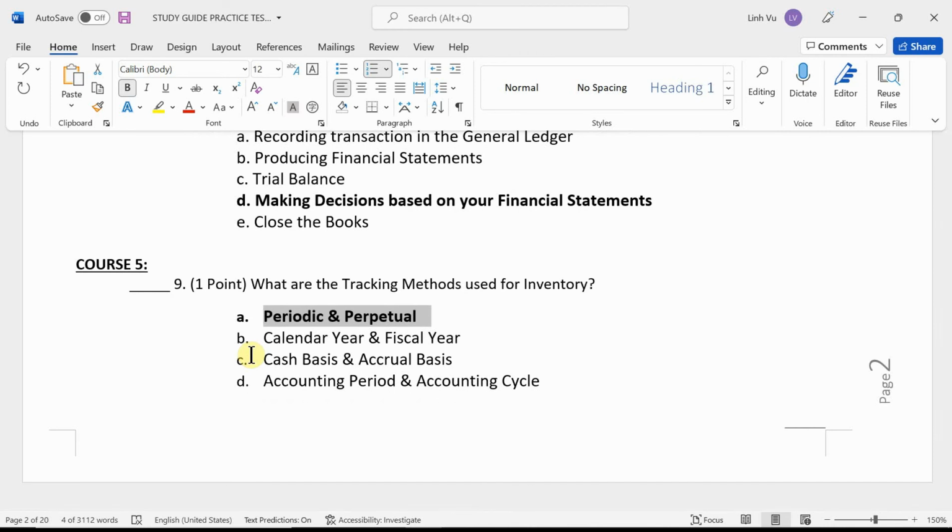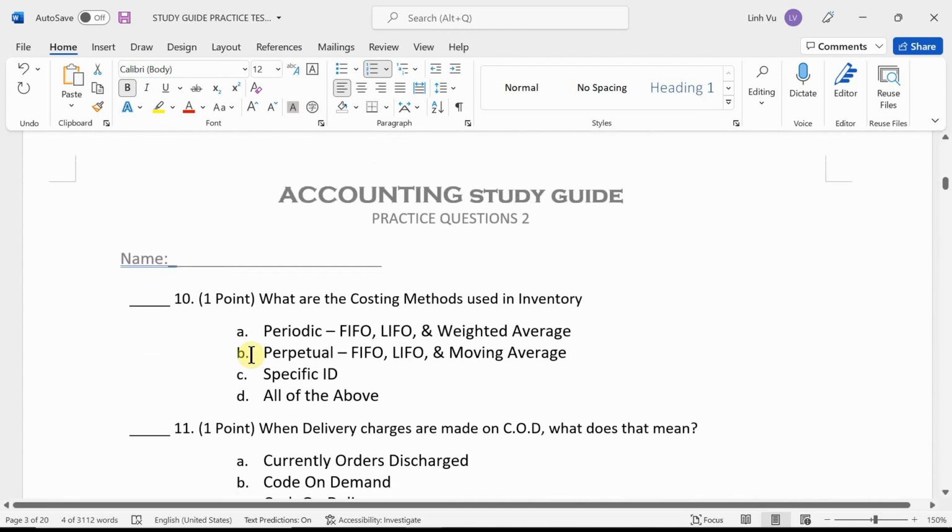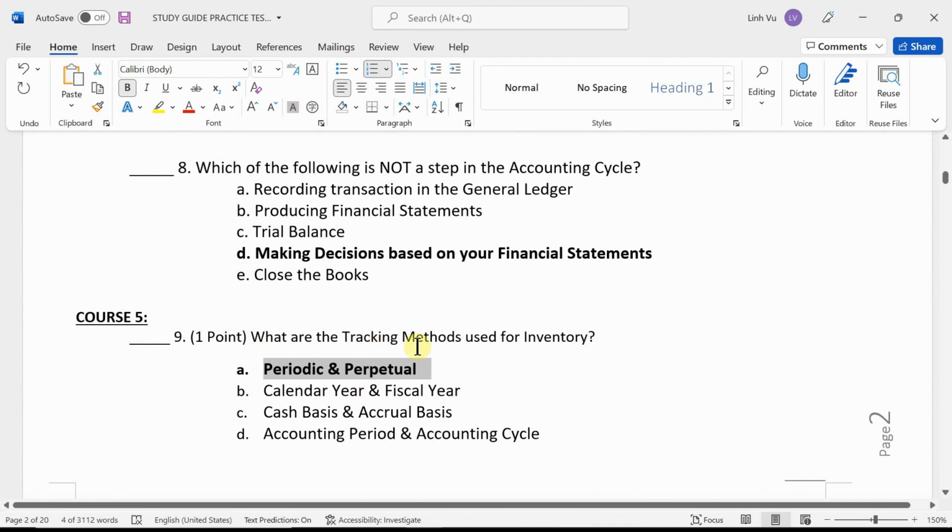For instance, that one where a customer bought something for $15.65 is applied knowledge. You're applying the concept to the scenario. This one, tracking method for inventory, is only strictly for inventory.